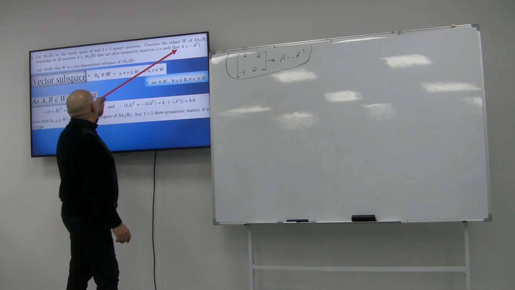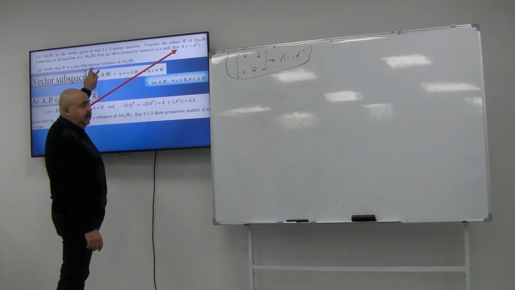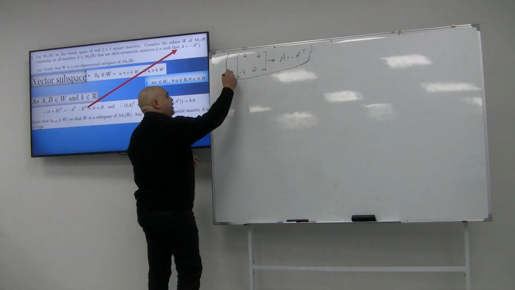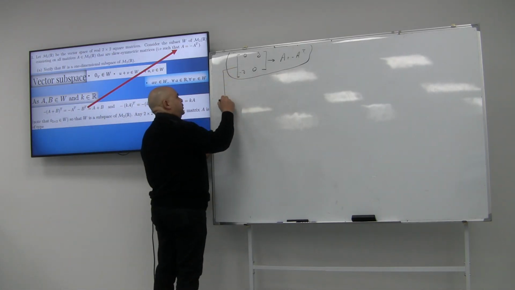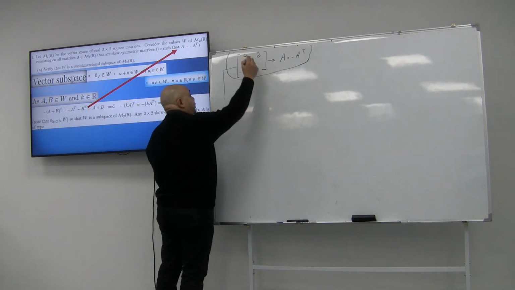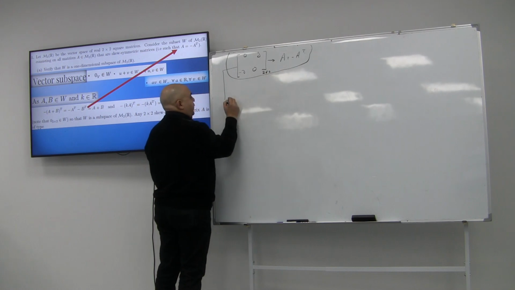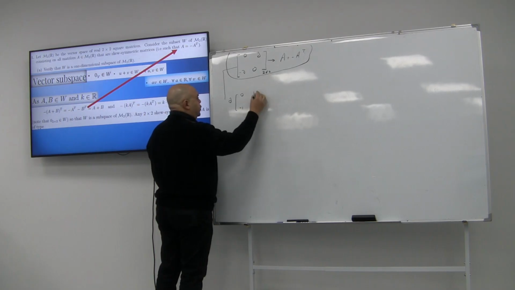If I want to verify that it's a one-dimensional subspace, I will start from the definition of the skew symmetric matrix, which is 0, A, negative A, and 0. This is the skew symmetric matrix for a 2 by 2, which simply can be written as A times 0, 1, negative 1, and 0.